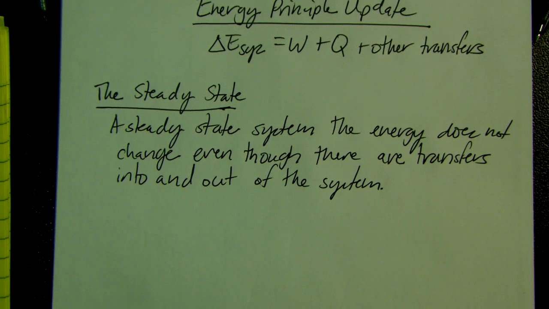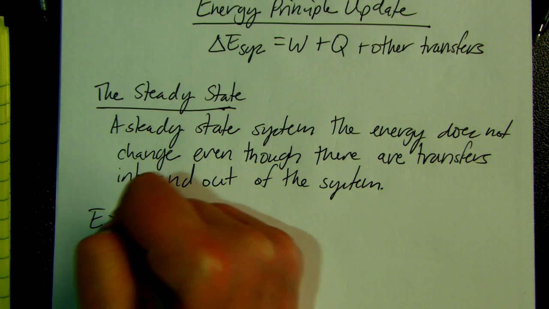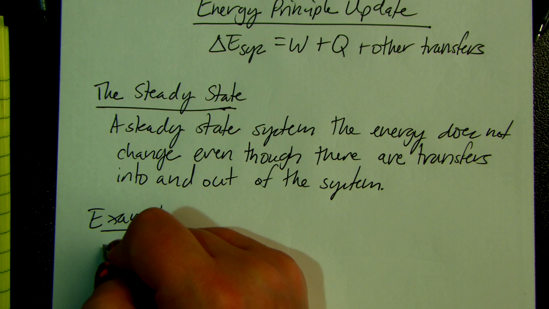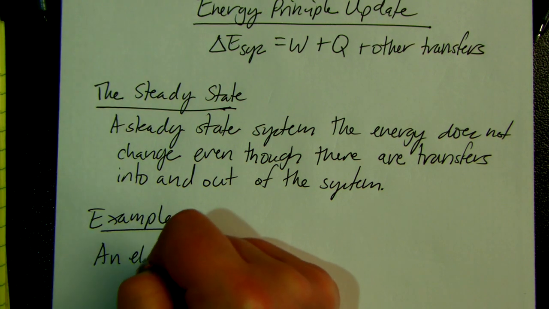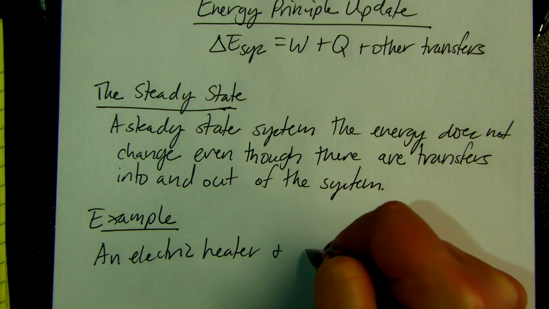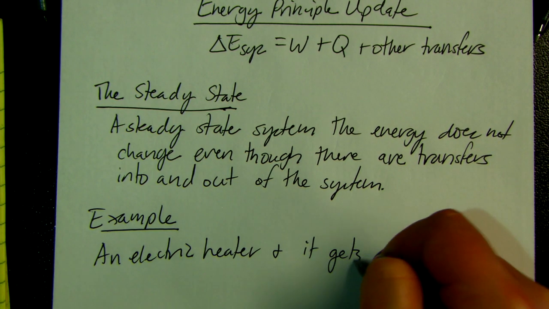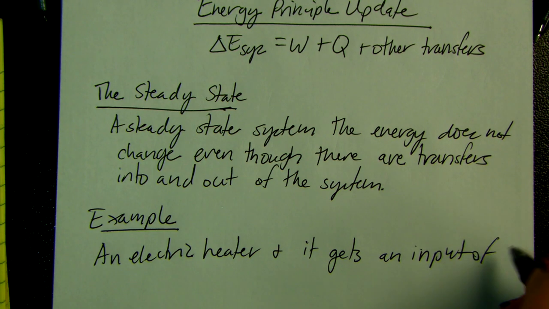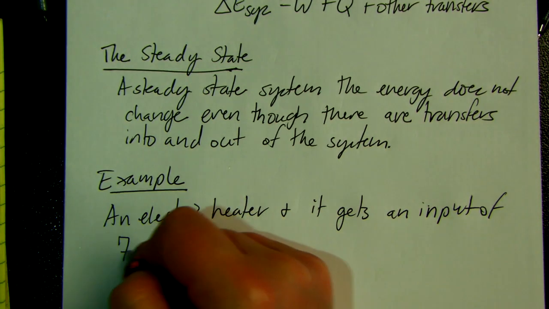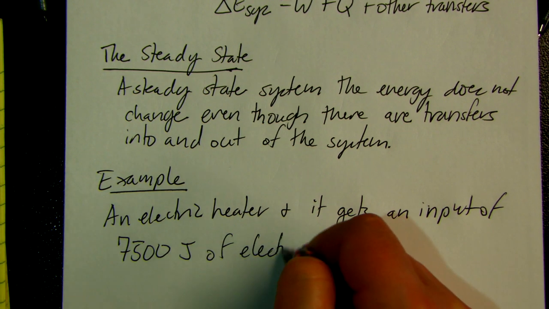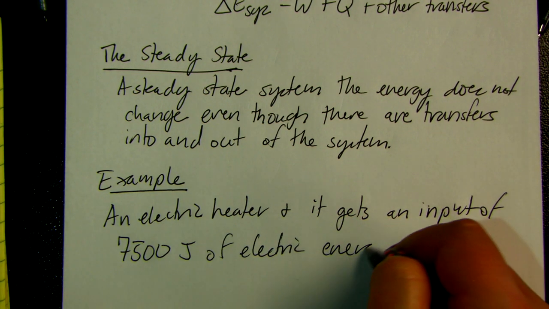All right, so let's do an example of a steady state. You have an electric heater and it gets an input of 7,500 joules of electric energy from the outlet.